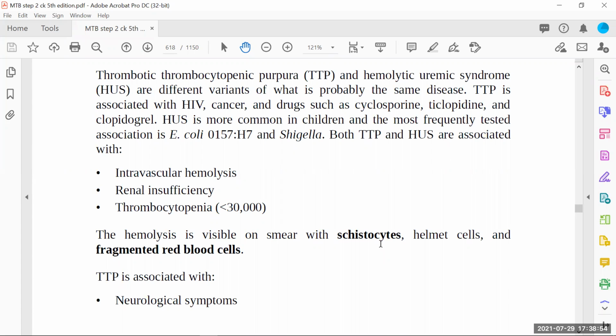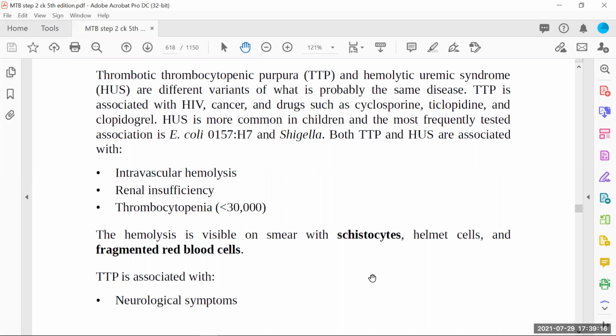That's the thing which will give you a clue. Helmet cells are fragmented cells, fragmented red blood cells. So whenever you find helmet cells, fragmented red cells, and schistocytes on microscopic slide examination, it will give you a clue that hemolysis is occurring.